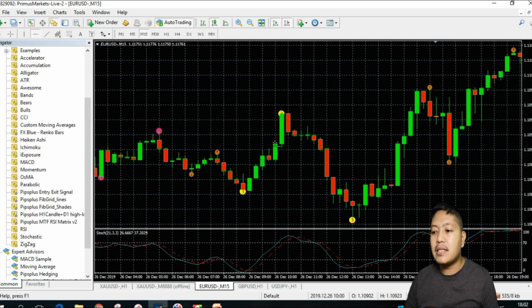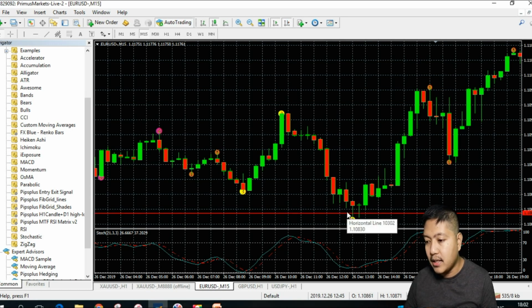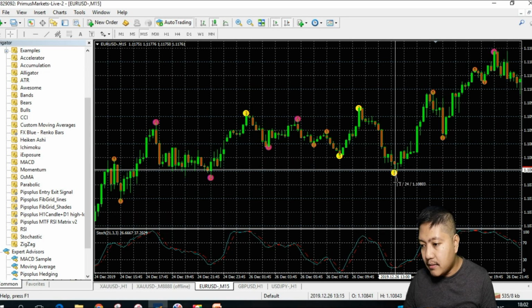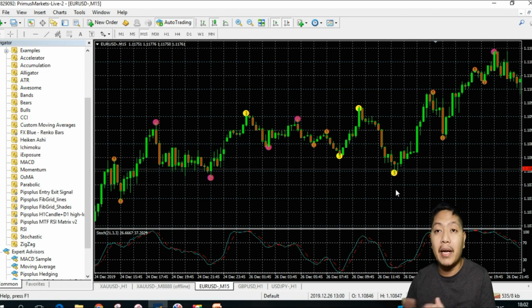Okay, one more thing is how to place the trade. Let's say this is your entry here, and you have to check as well. If you enter at this level, your SL should be maybe, it's up to you, it depends on your available balance, right?